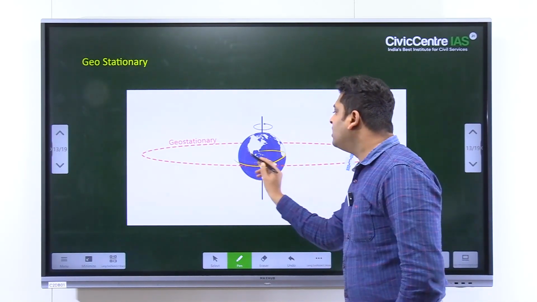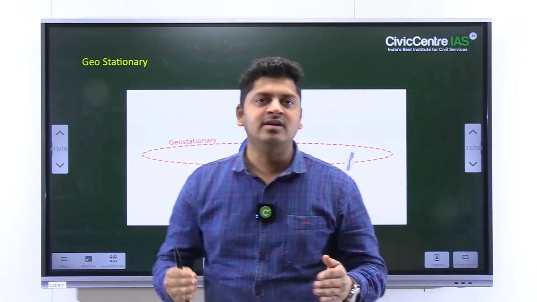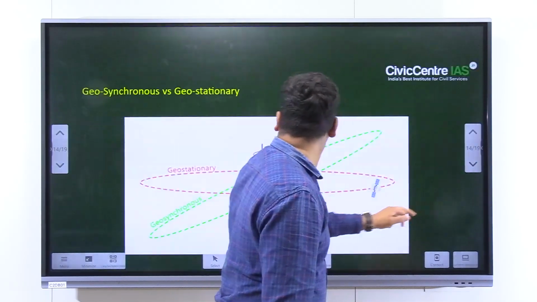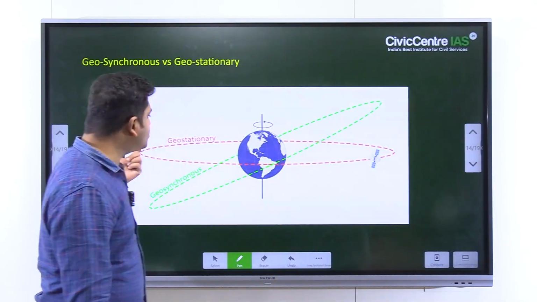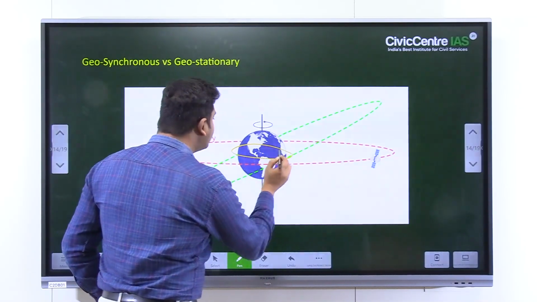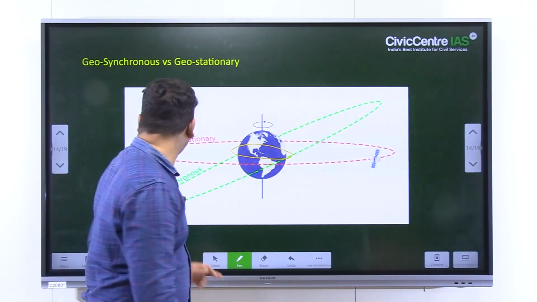This is the main difference between the geostationary and the geosynchronous orbits.